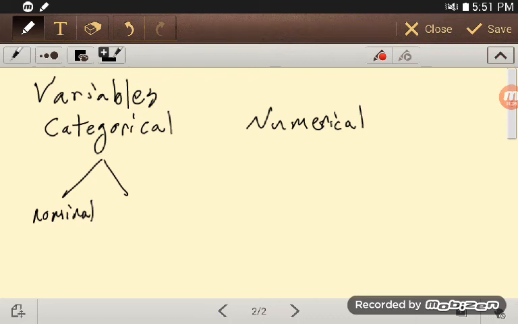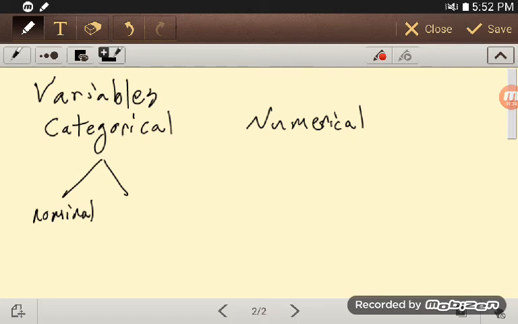That would be anything that really has no real order. So if you think of, suppose our variable was color, and so the different categories might be red, green, blue. Add your favorite colors to that, maybe puce or something. But we have our different colors.